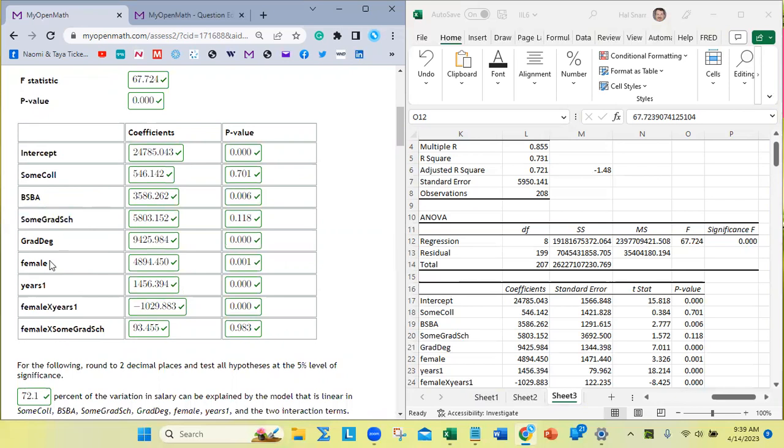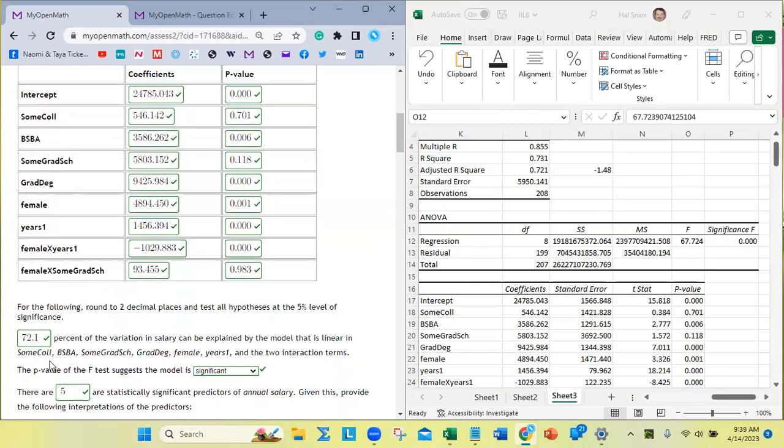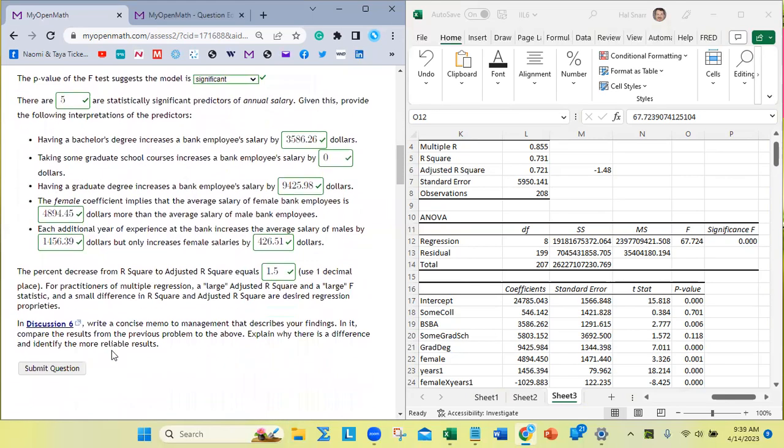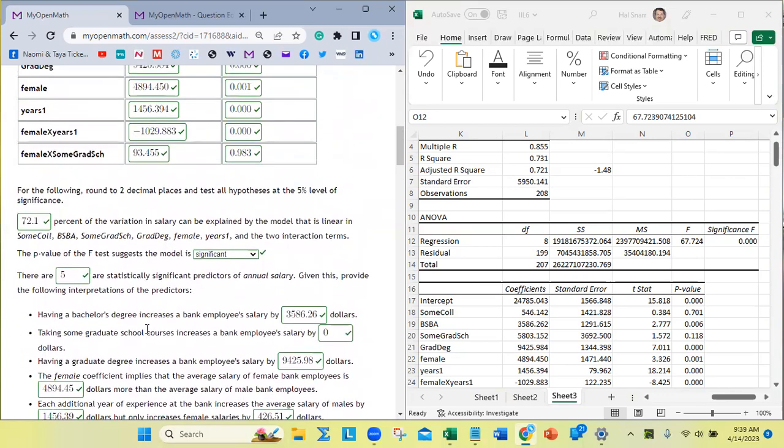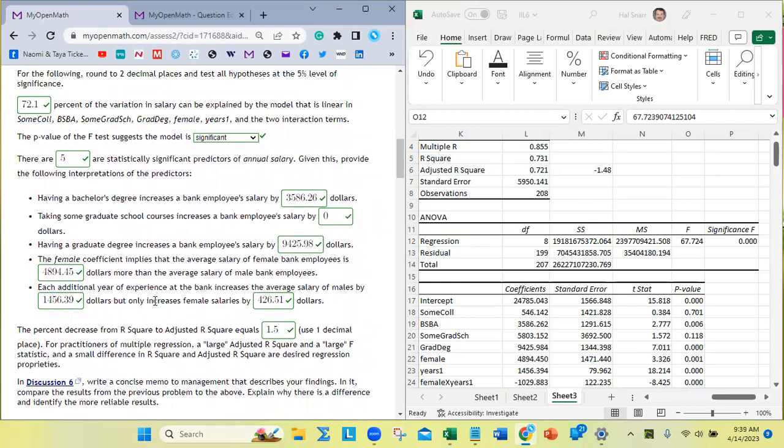Grad degree matters. Being a female matters. Years of service at this bank matters. Female interaction with years of service statistically matters, right? So I would argue that the more valid statistical results happen to be this one because more valuable, valid information is included in the regression model, right?